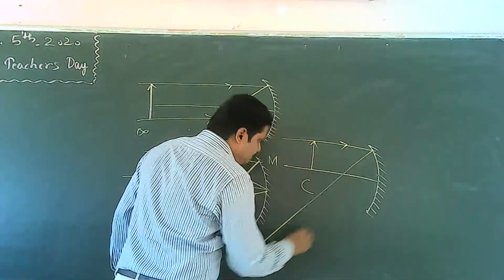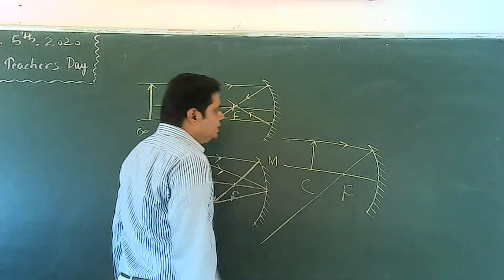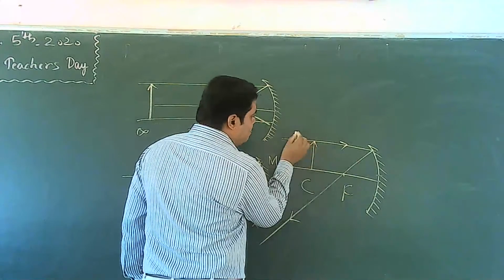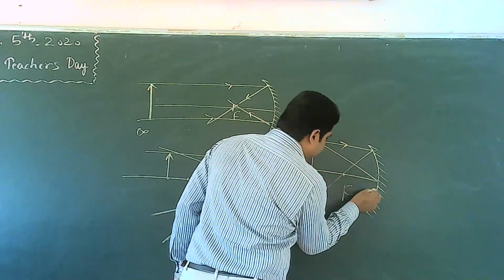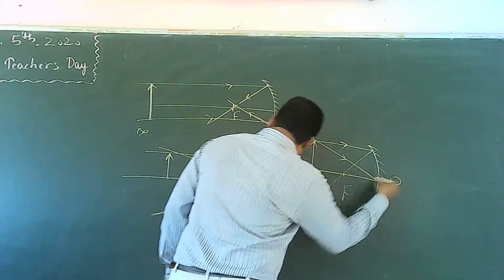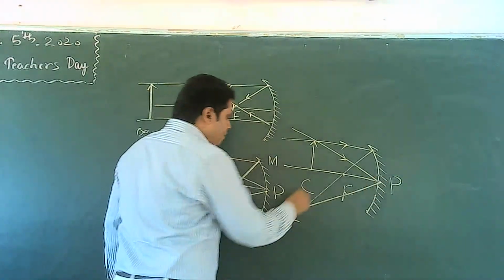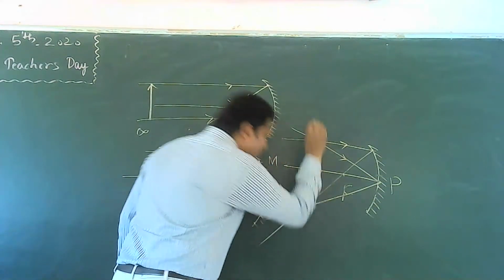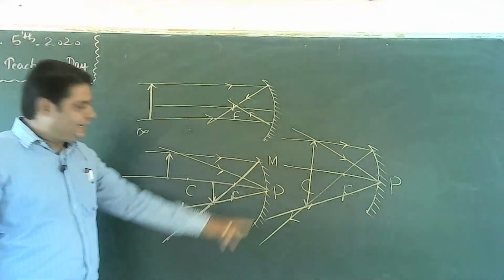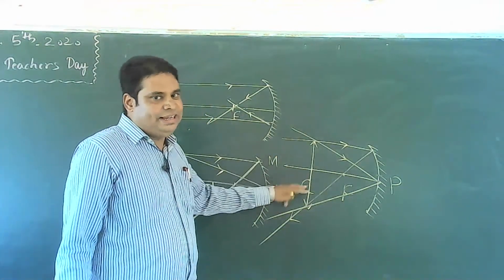One passes through F. This is F. One more ray is incident at point P. This is P, the pole, and it will pass through this. We get the image here, which is exactly equal to the size of the object, inverted and real.